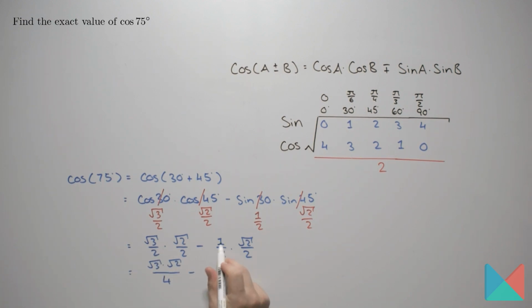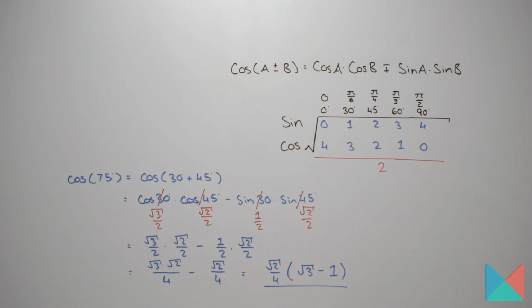Take 1 times root 2, which is going to be root 2, divided by 2 times 2, which is 4. And notice here that we can take out root 2 on 4 out of our brackets, and we're going to get the square root of 2 over 4 times root 3 take 1. And so this is our exact value for cosine of 75 degrees. And so that concludes this example, and now let's move on to our final example.